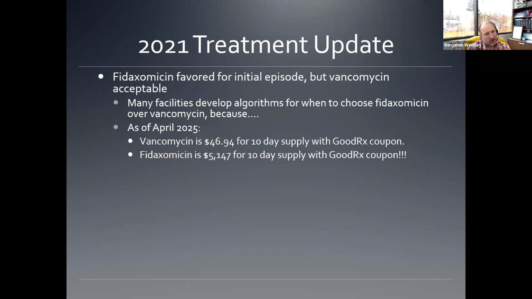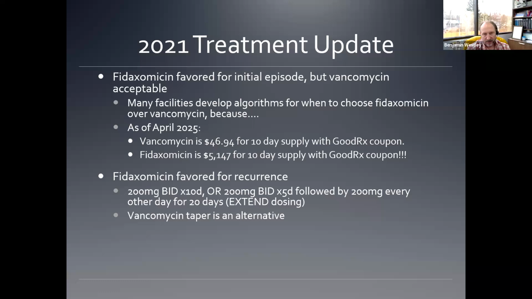But the GoodRx coupon wasn't too helpful for fidaxomicin, which was $5,147 for a 10-day supply. Now, most insurance will pay for that, and people pay a copay or whatever their program pays, but it's still extremely expensive. And that's a 100 times difference in cost.